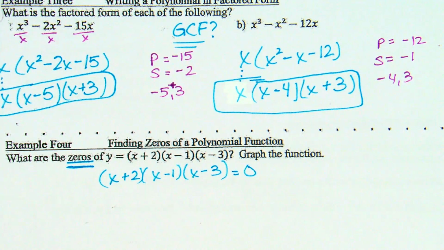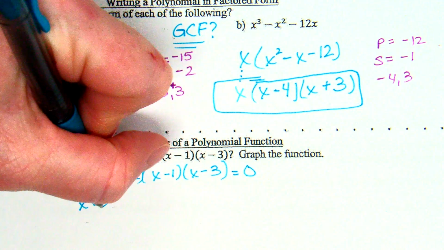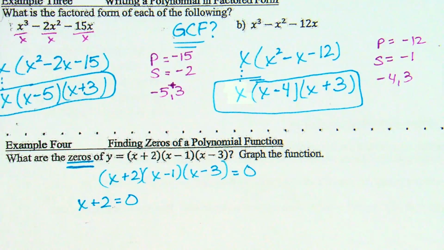Do you guys remember the zero product property? When more than one thing multiplies to equal 0, you take each part and set it equal to 0. So we're going to set x plus 2 equals 0.